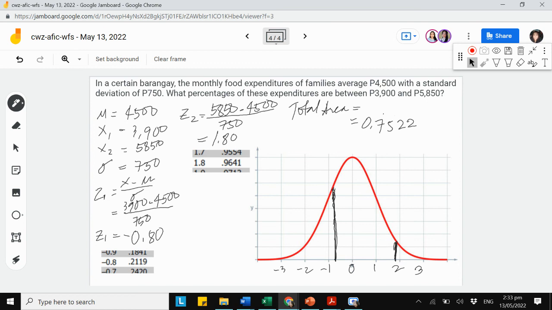So if you're going to arrange this, wait lang guys ha, check ko lang doon sa reference ko.